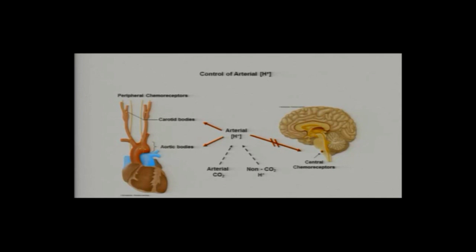So the peripheral chemoreceptors are going to be more responsive to metabolic acidosis, where the central chemoreceptors will be responsive for respiratory acidosis. So the central chemoreceptors are going to be completely unresponsive to metabolic acidosis.